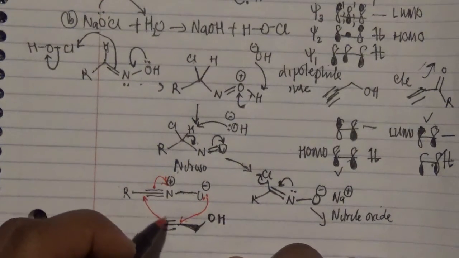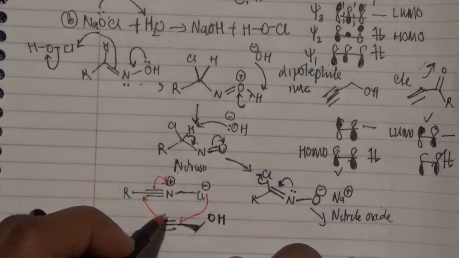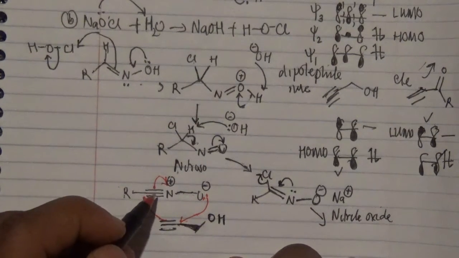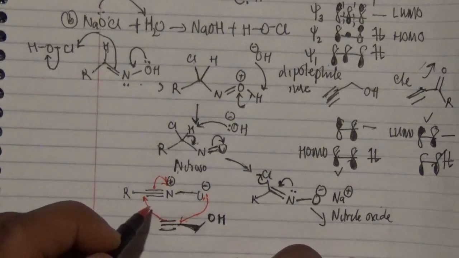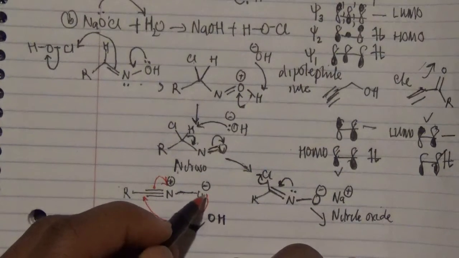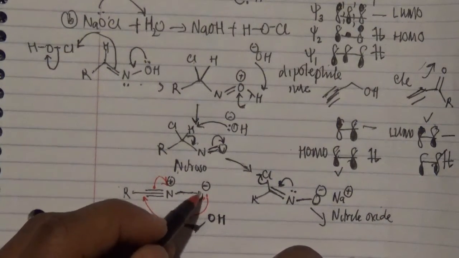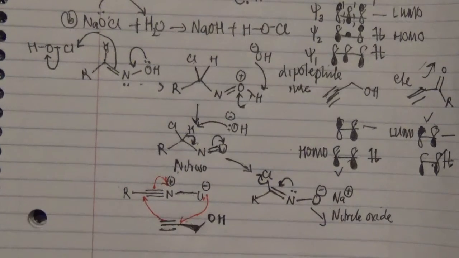So in here we are losing two double bonds, or two pi bonds, to form two sigma bonds, and this is as a result of the inclusion of this lone pair that has been lost on this nitrogen and oxygen to make this oxygen neutral.